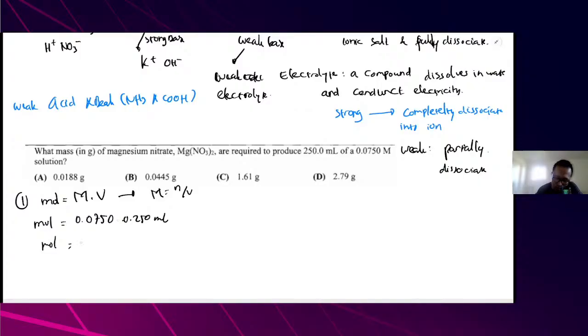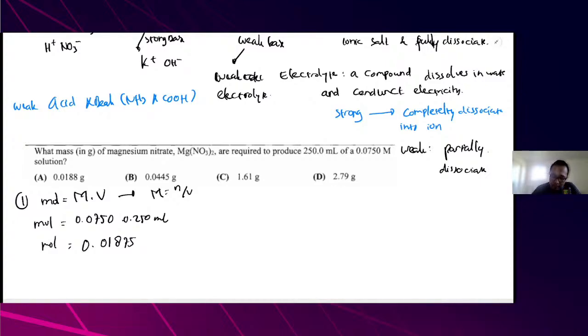So the answer of this calculation is 0.01875 moles. Okay, we are asked what mass of magnesium nitrate is needed to produce 250 milliliters of 0.0750 M solution.